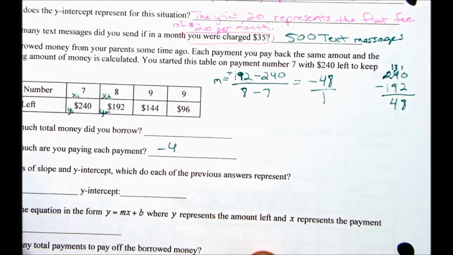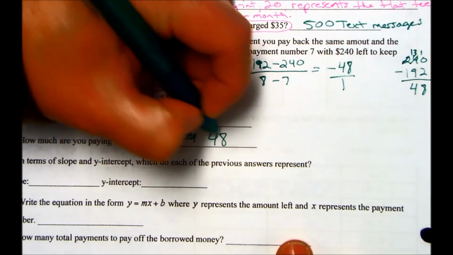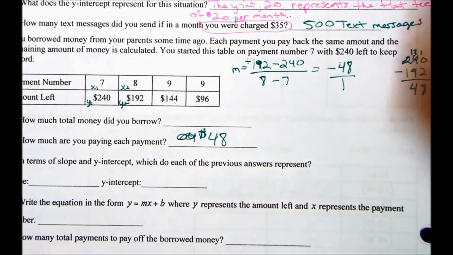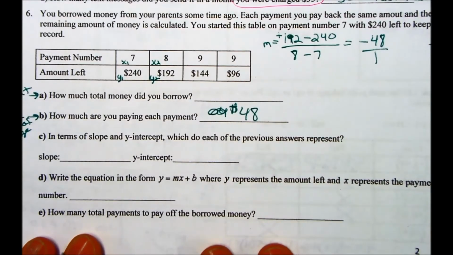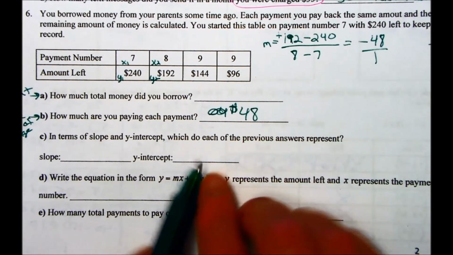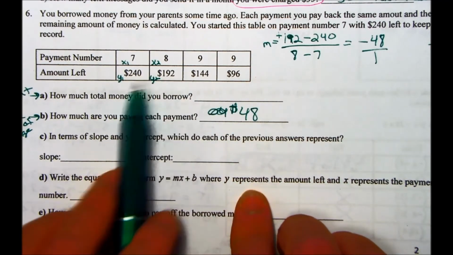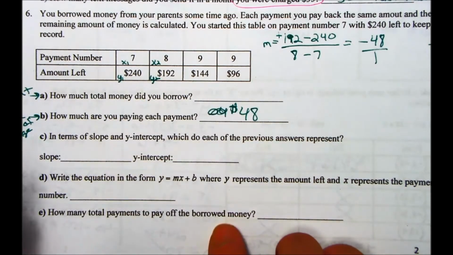So how much are you paying back each month? $48. So that would answer the question. You wouldn't want to put negative 48. That doesn't make sense, that you're paying back negative $48. You're paying back $48, which makes the amount left, your balance, going down.